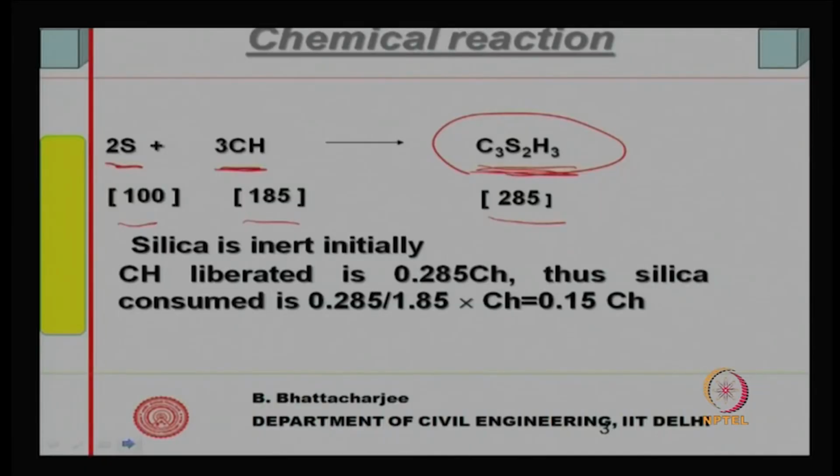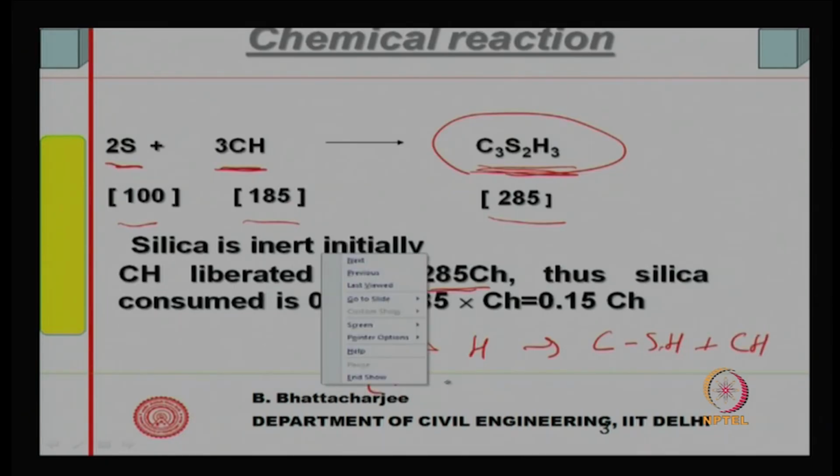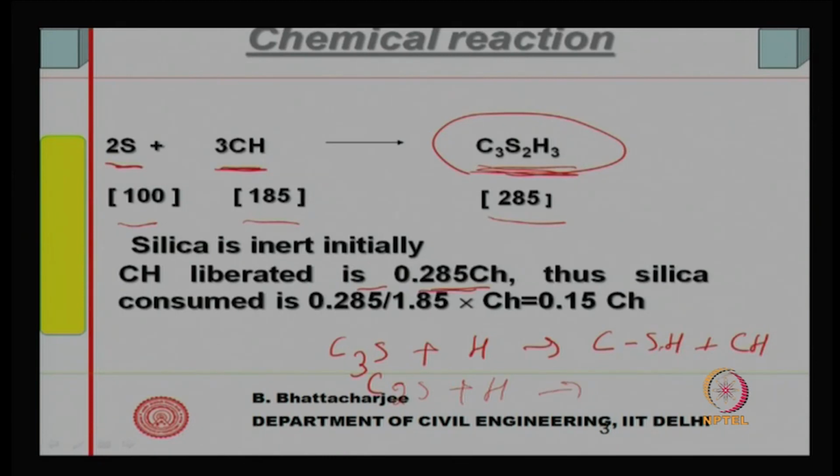All right. So, when calcium hydroxide is liberated, one can actually calculate that it will be 0.285 CH, because we know the stoichiometry of cement reaction: C3S reacting with water forms C-S-H of some form plus, of course, CH, and similarly C2S also produces CH.